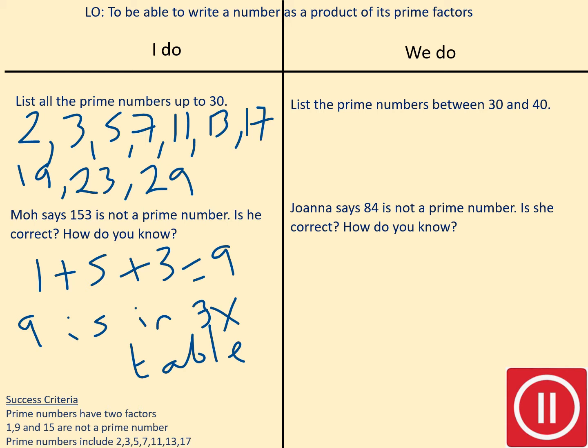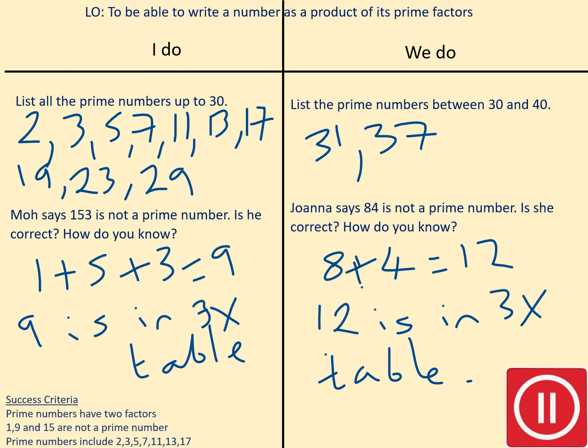We know 9 is in the 3 times table. So therefore Mo is correct that 153 cannot be a prime number. So have a go at listing, pause the video and list the prime numbers between 30 and 40. And Joanna says 84 is not a prime number. Is she correct? How do you know? So pause the video.